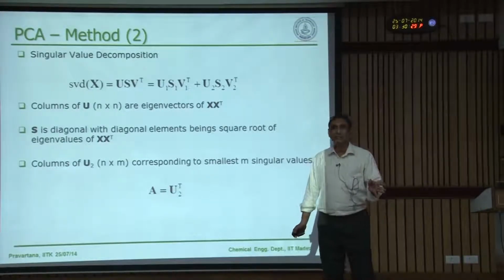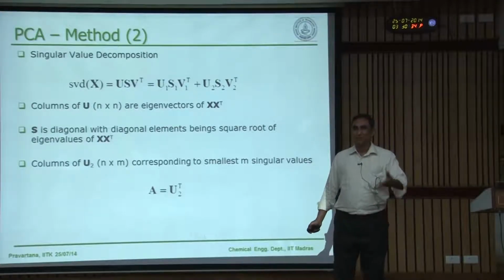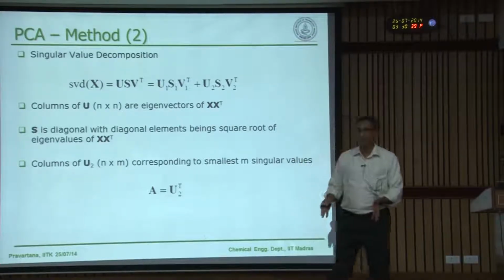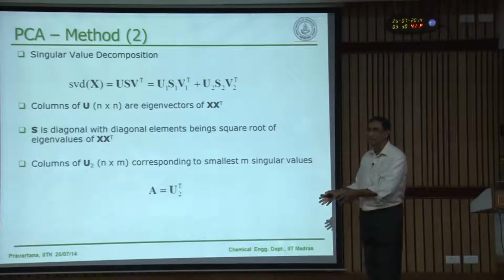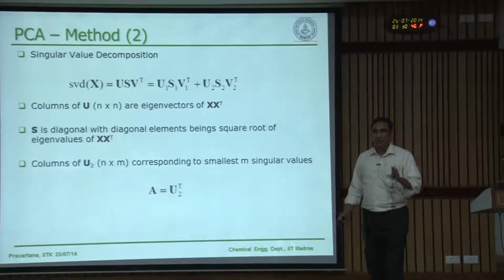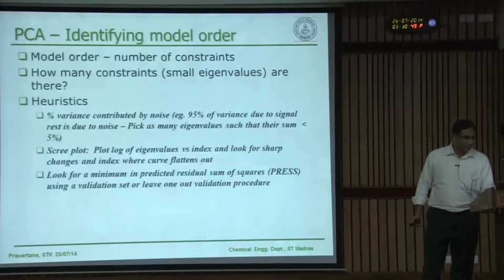If you are interested in the data space, you look at the first n minus m eigenvectors corresponding to largest singular values. The first part corresponding to largest represents a basis for the data space. The last m, which corresponds to the smallest, represents the row space of A. So I'll show you by an example that you get this, so that it's very clear that this is not just something arbitrary.